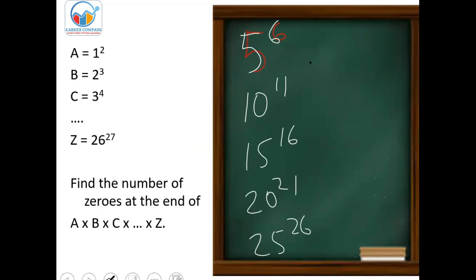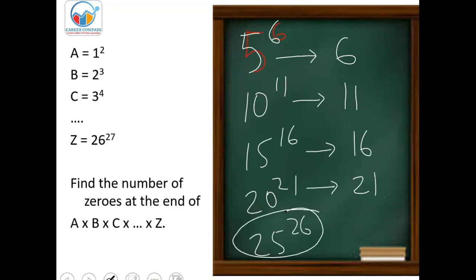That will be a little tricky. Now here I have 6 fives. Here I'll have 11 fives. Here I'll have 16 fives. Here I'll have 21 fives. But here, please understand, 25 itself is 5 square. Hence, I'll have 52 fives, no?